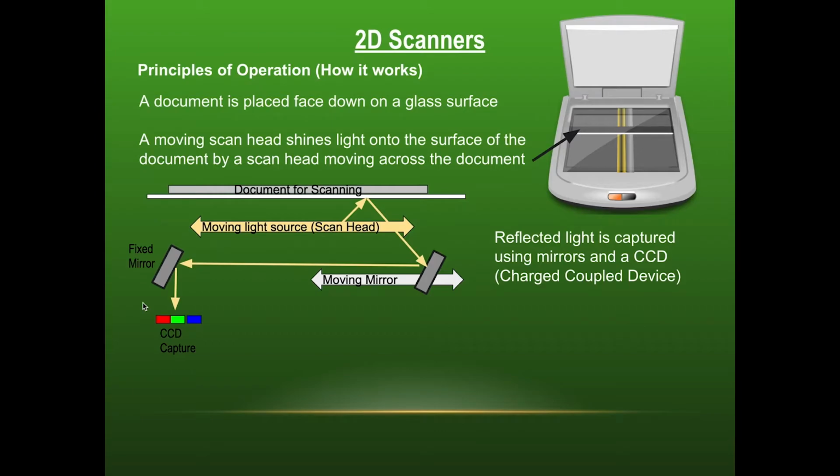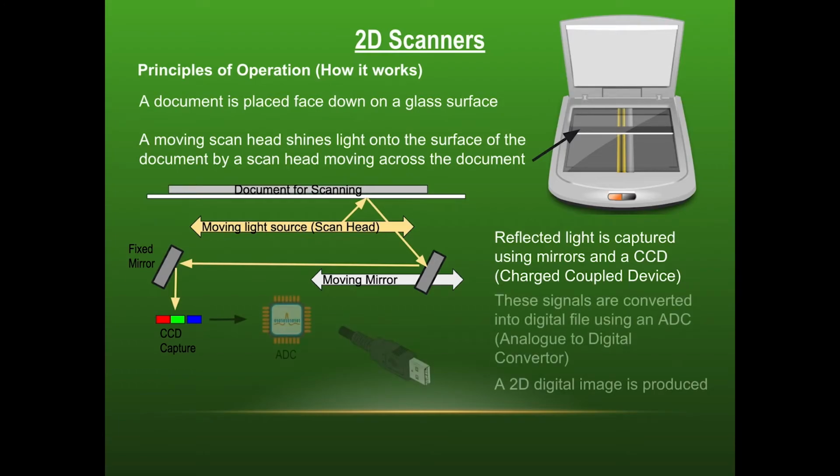So this device is a set of sensors that essentially work as an RGB color spectrum sensor, and they will take the digital data that is reading the reflected light intensity, process that through an analog to digital converter or an ADC, which if you're not familiar with, you do want to learn this term for the exam, and that will then be connected to your USB and plugged into the computer to retrieve the digital file.